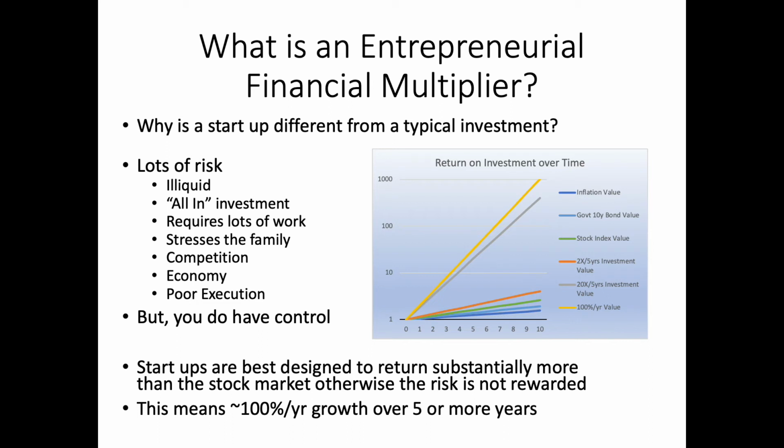You're really going to be there 5, 7, 10 years if you're going to do a startup. And you're not going to get a substantial return on your investment until you either sell the company or a substantial part of it, or you develop a capability to produce a lot of profit. So it's an illiquid investment. You're taking a lot of risk.